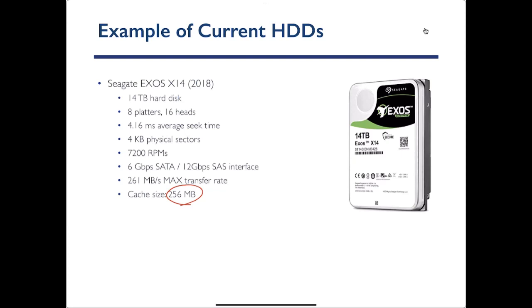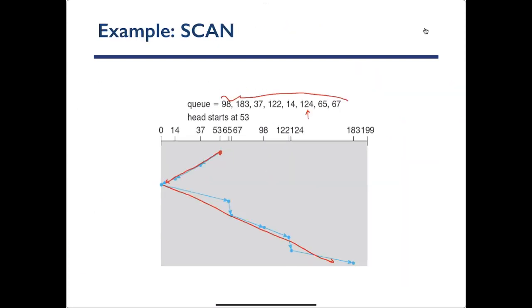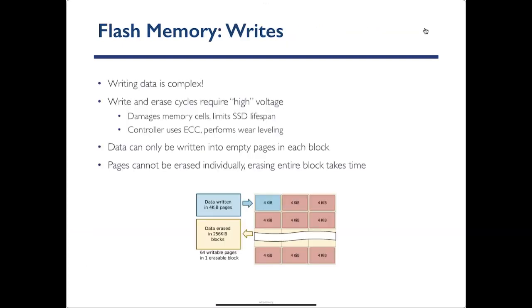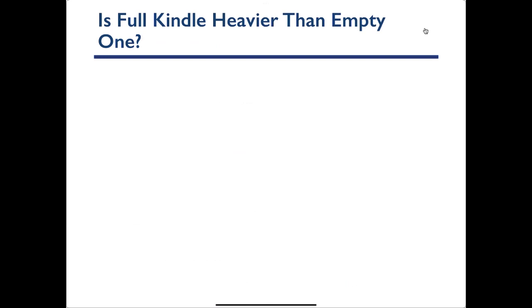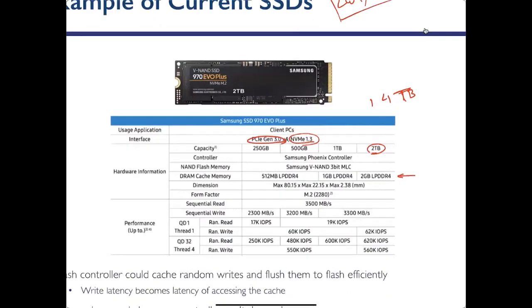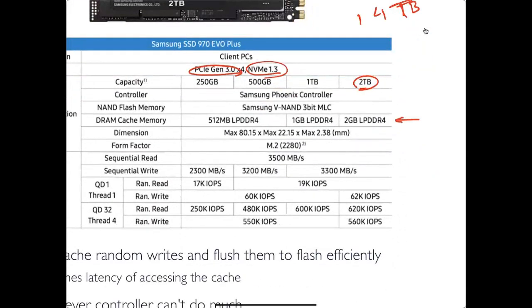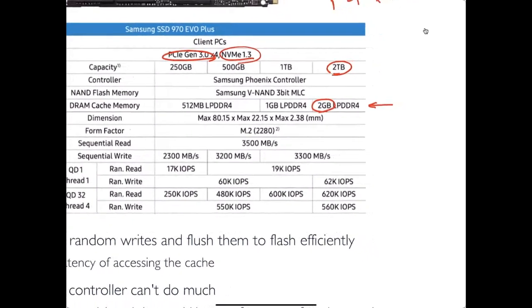Now on an SSD, this cache is usually a lot larger. In this particular example, the size of this cache is 2 gigabytes on higher ends. We'll see how this cache comes in handy. I'll talk about it when I move down this data sheet.